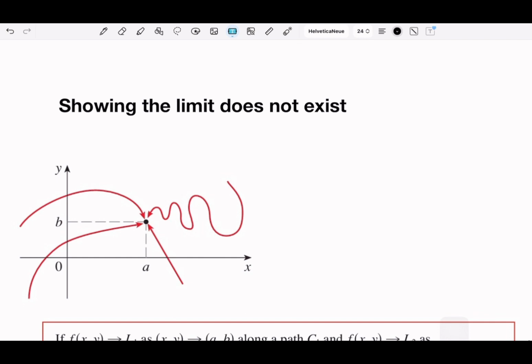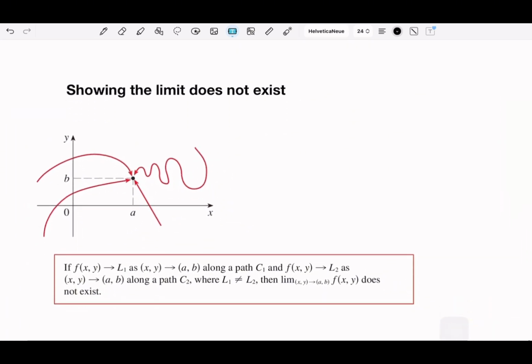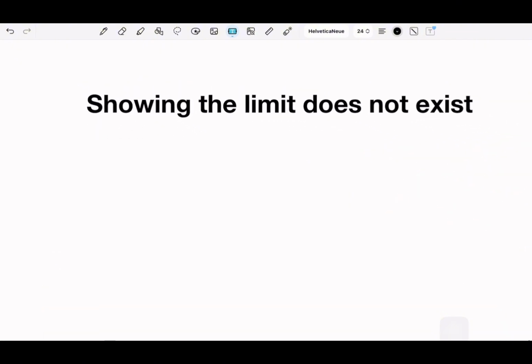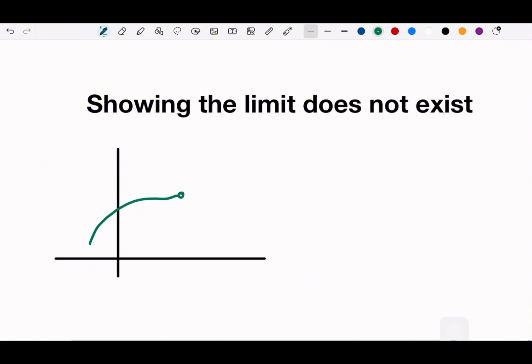If we remember in calculus 1, maybe this is distracting, let me put it on the other side first. Let's say we have maybe some hole here, and we say this limit exists, for example with value L. This is a, and this is f of x.